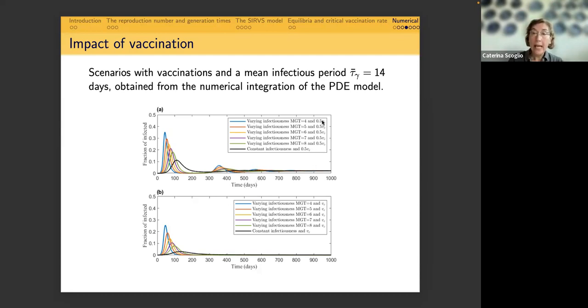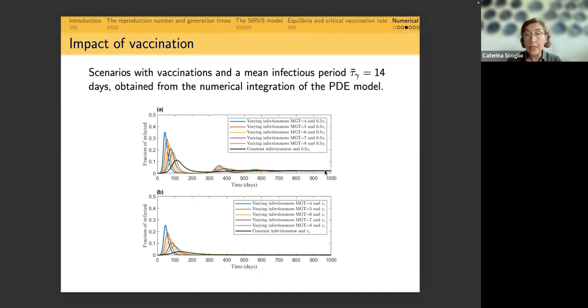If we have instead a vaccination rate equal to 0.5, after the first peak, there will be other peaks, and the steady state value at which all curves converge is going to be different from zero, a positive value, clearly. And as we can see, all the curves here converge to a unique value.